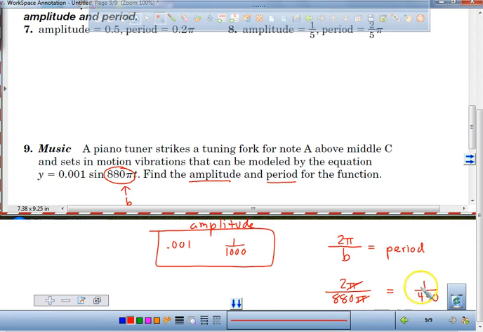Do you see this right here? That fraction is your period. 1 over 440 is your period, if this is the B value. That's your amplitude, this is your period.